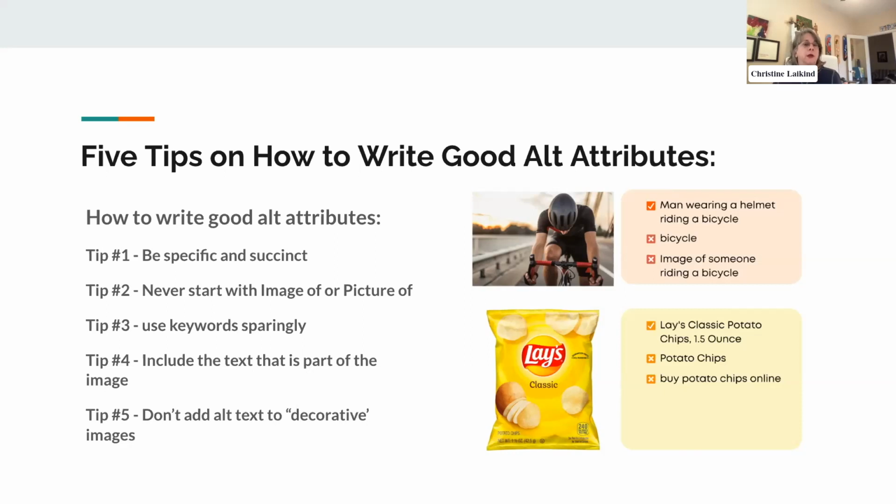Now, that's one that needs clarification. So up at the top, we usually have a hero image. That's usually decorative. We don't need to describe that. We can get away with not having to describe that. But that's one example of what we mean by decorative images.